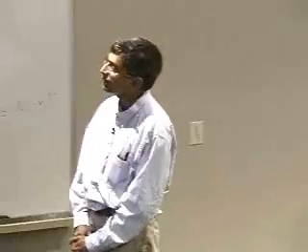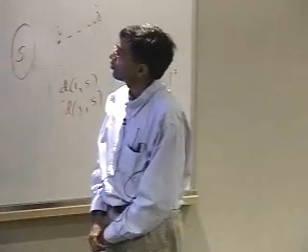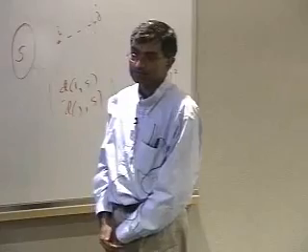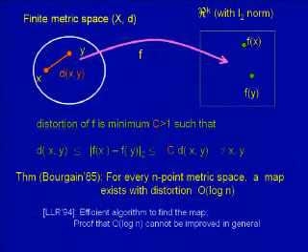And there's a lovely result of Bourgain which says that every n-point metric space embeds into L2, and actually into many other normed spaces, with distortion log n. As I already mentioned, Linial, London, and Rabinovich brought this result to our field in some sense.